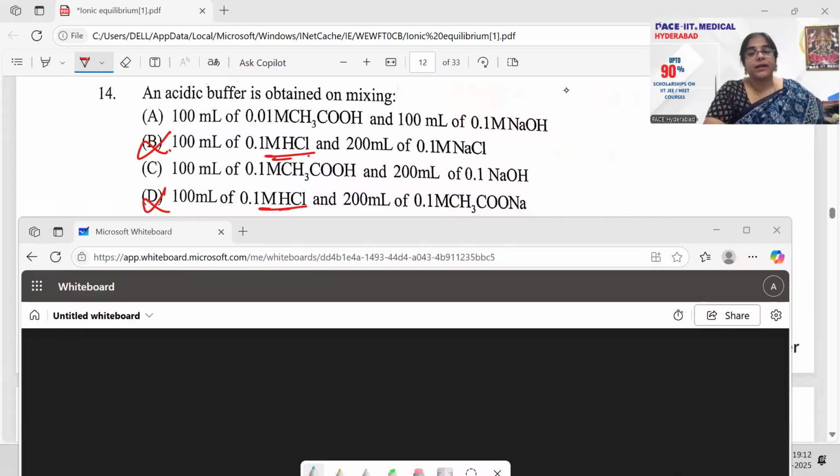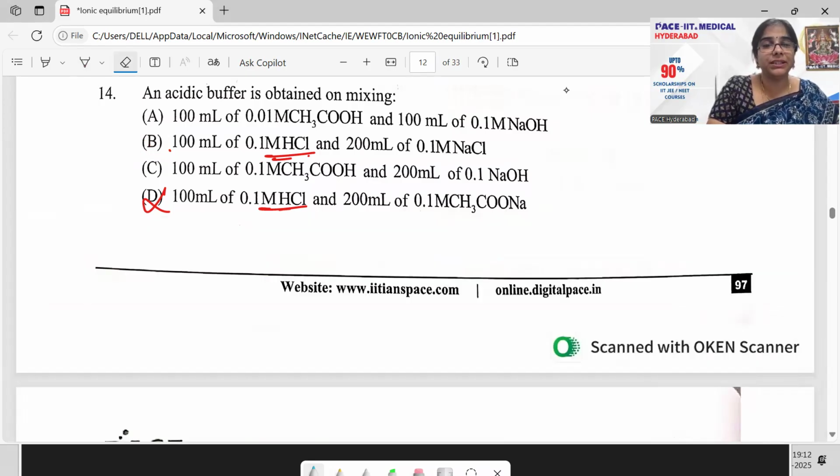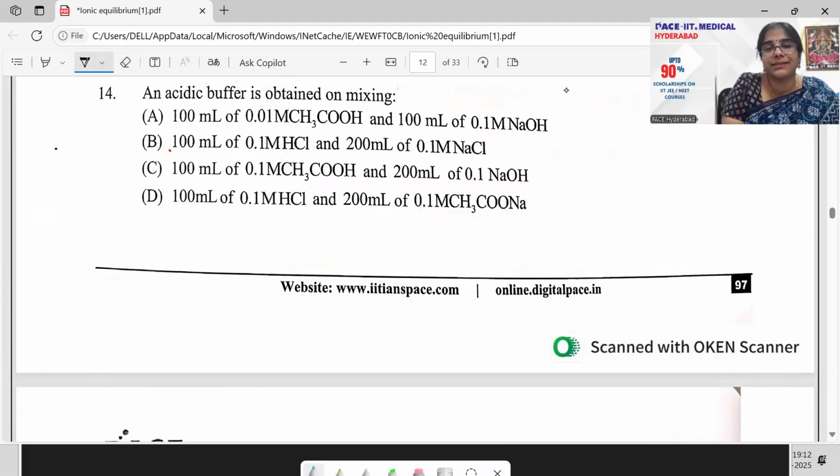But I think here a reaction is given to us. See, that's why we need to be a little cautious. When reactions are given to us, the acid can get finished. We don't know what the limiting agent is here. So for option 1, first find out what is the limiting agent?